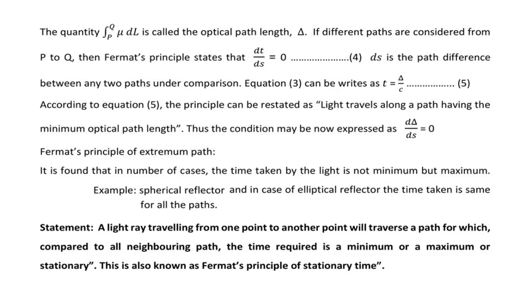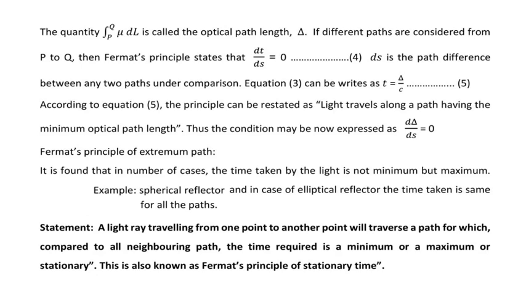If different paths are considered from P to Q, then Fermat's principle states that dt by ds is equal to 0. Call that equation 4. ds is the path difference between any two paths under comparison. Equation 3 can be written as T is equal to delta by c. Call that equation 5.